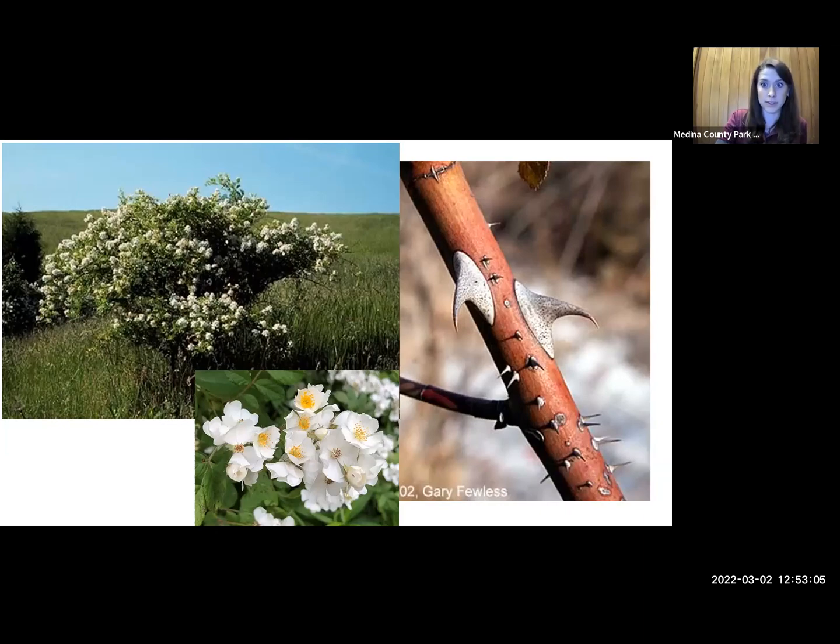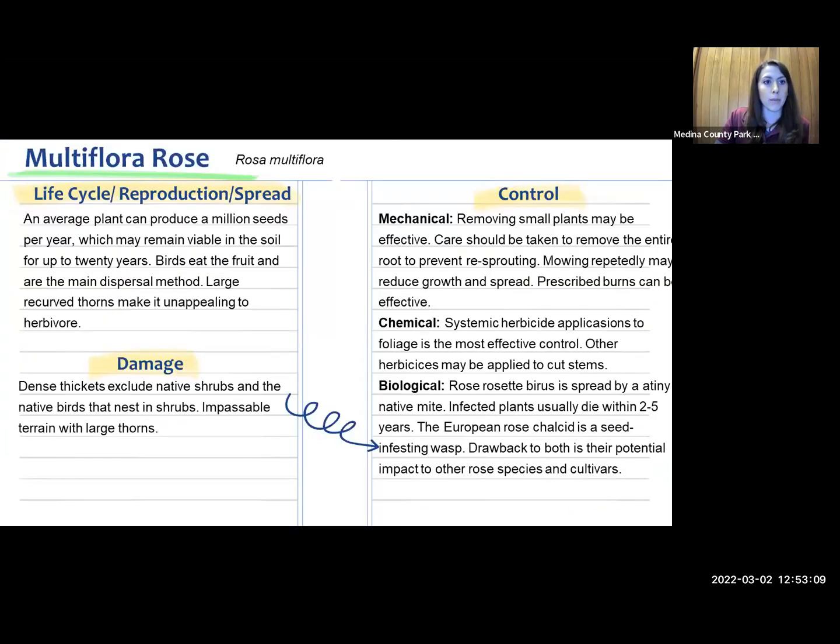This is Multiflora Rose. They grow pretty much anywhere. They can produce 1 million seeds. The birds will also pick up and distribute the fruit that way as well. And there's not another herbivore that's going to go after and be able to eat those thorny parts, right?